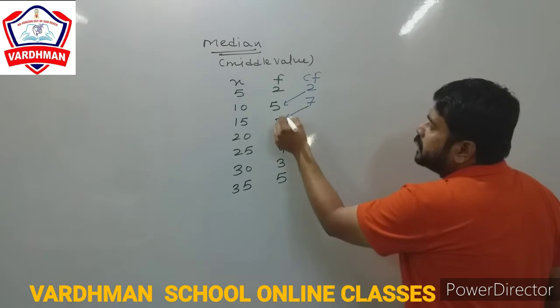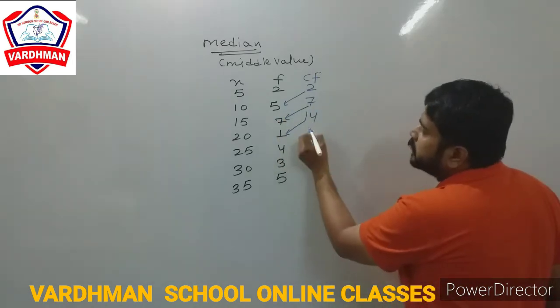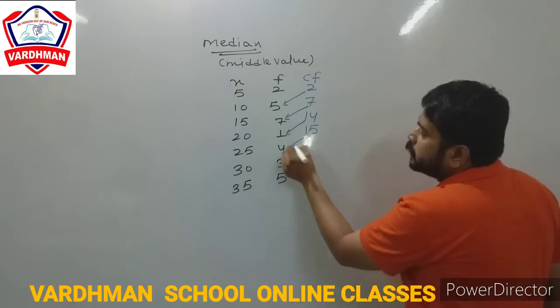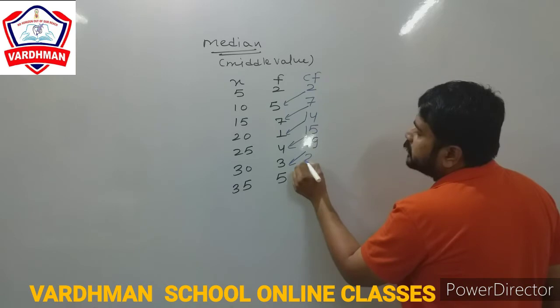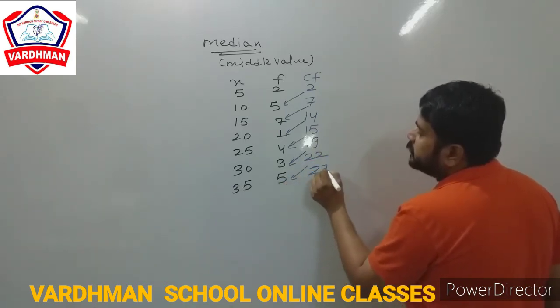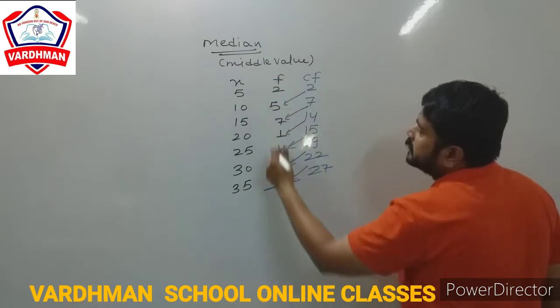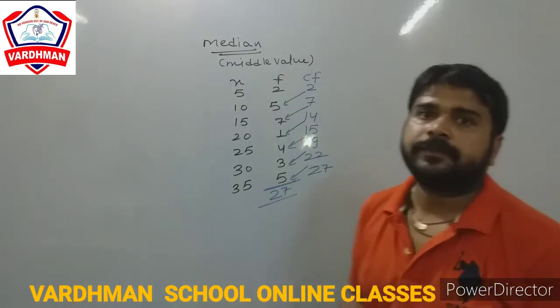Then 7 plus 7 is 14. Then 14 plus 1 is 15. 15 plus 4 is 19. 19 plus 3 is 22. And 22 plus 5 is 27. When you add all the frequencies, this one is also 27.